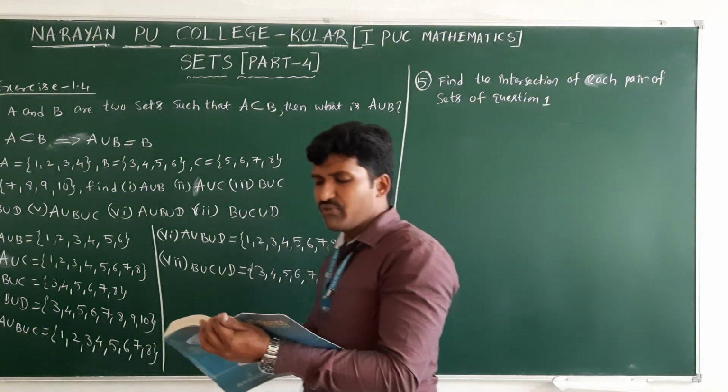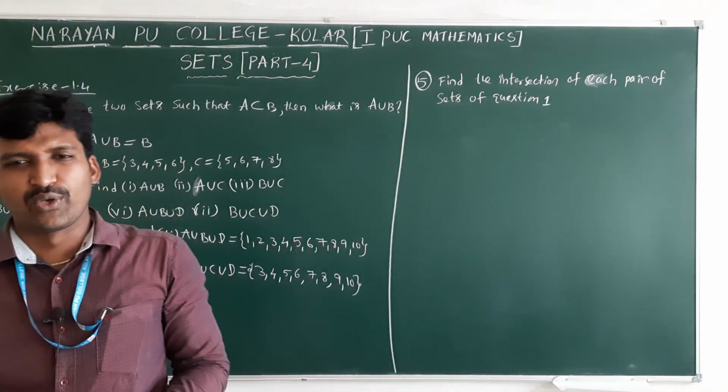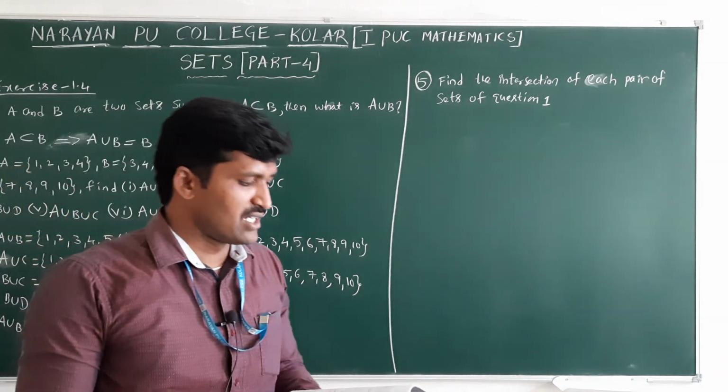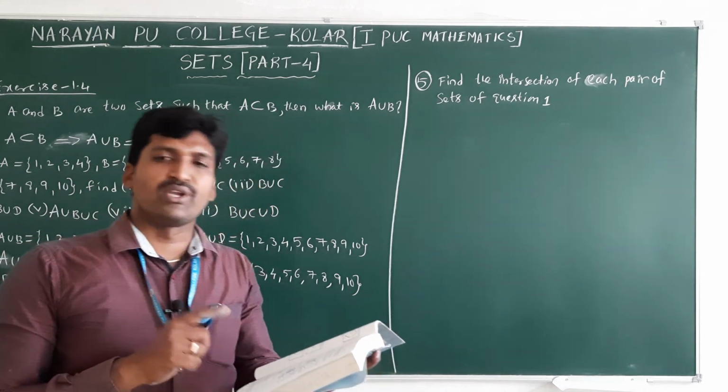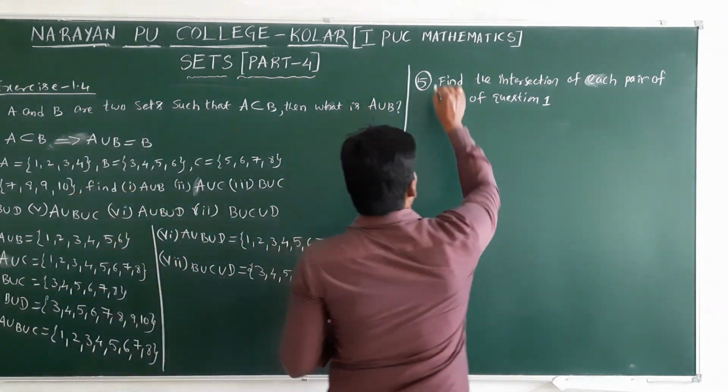From question 1 we need to find intersection. How we did the union operation, like that only. Question number 1 already is what, 5 questions are there, sub questions. Intersection we need to find out. Okay na, this you can do homework.